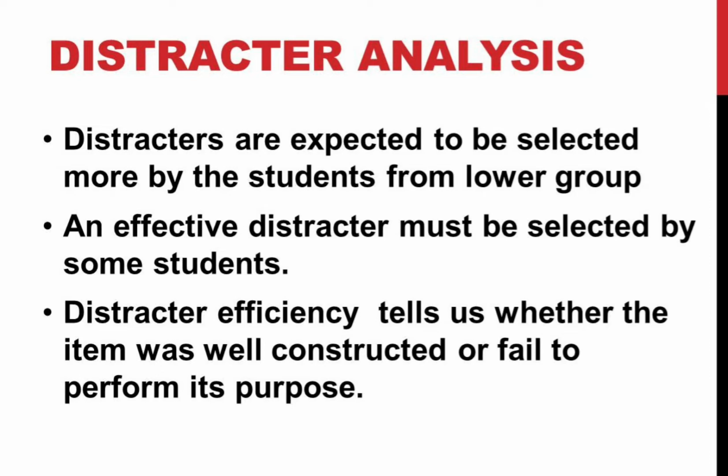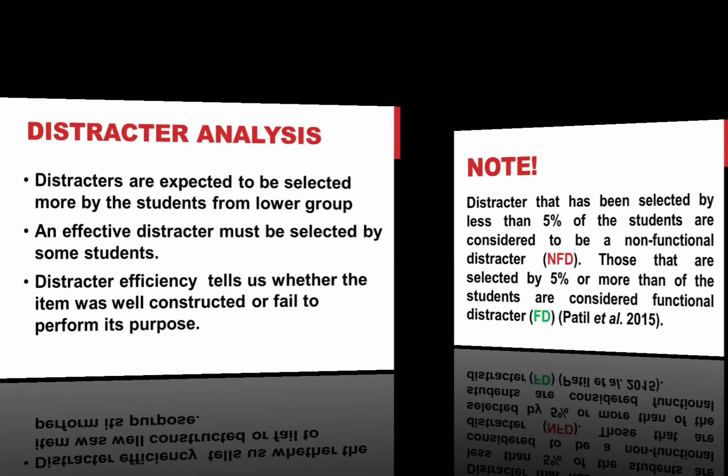And a distractor is deemed effective if some students have chosen it. And also, the distractor efficiency will tell us whether the item is well constructed or not, or has it served its purpose or not.